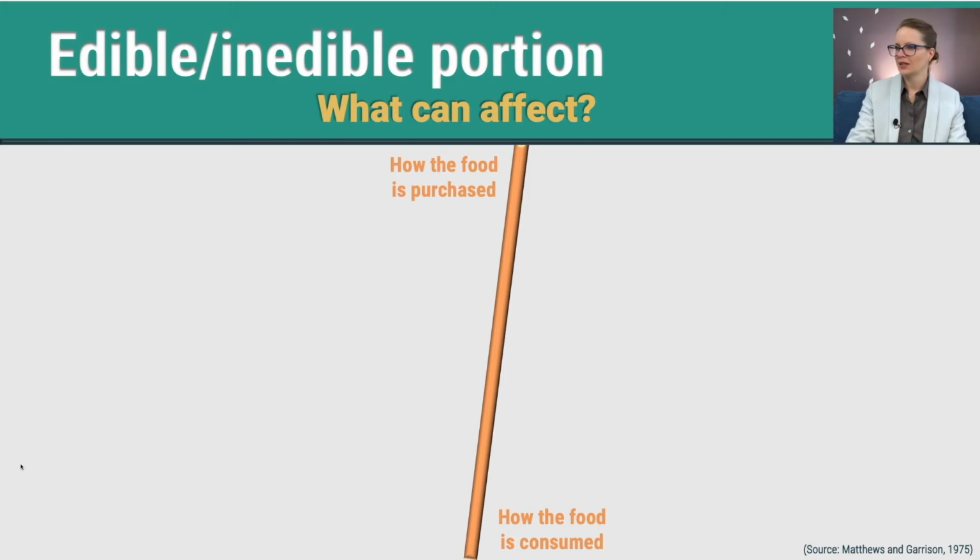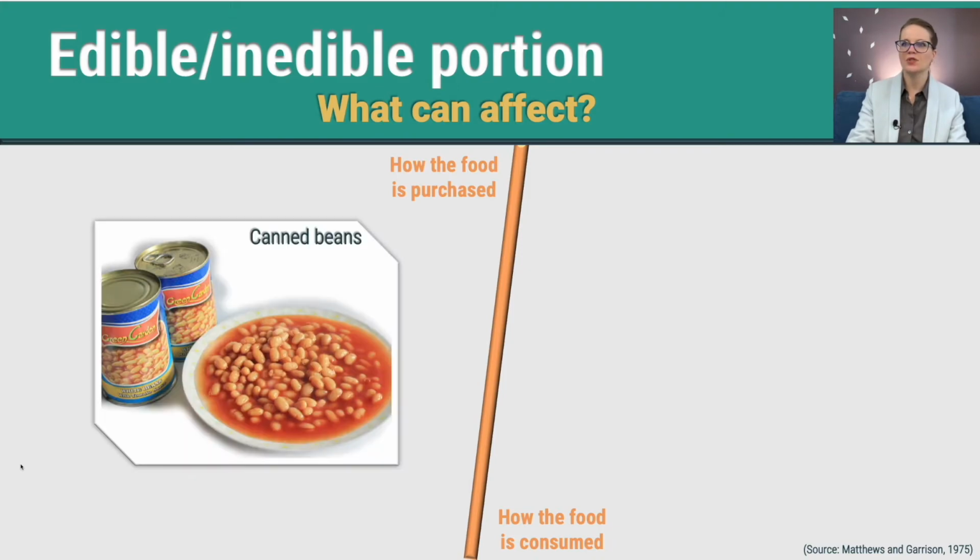And the last couple of examples are here for canned beans. Canned beans will depend on how these canned beans are purchased. For example, if we have canned beans in tomato sauce, as here in our picture, we can consider that the whole content will be consumed.